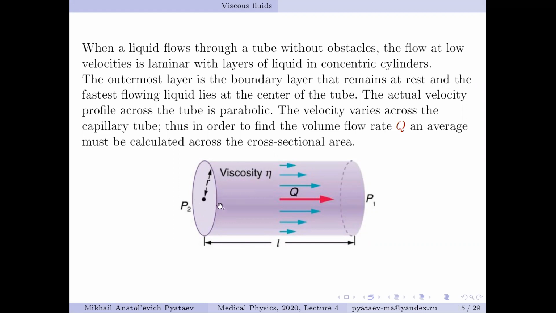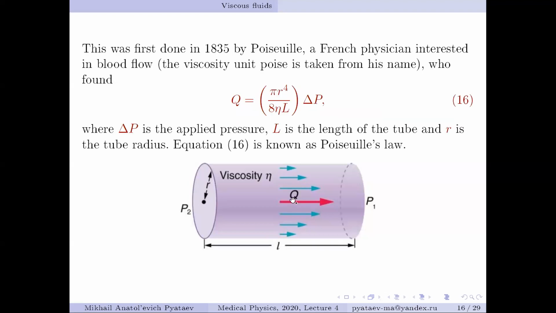So velocity changes with radius, but we can integrate it. It is a simple procedure for those who know mathematical analysis. And now we can obtain the total flow rate Q, and it is given by Poiseuille's formula.